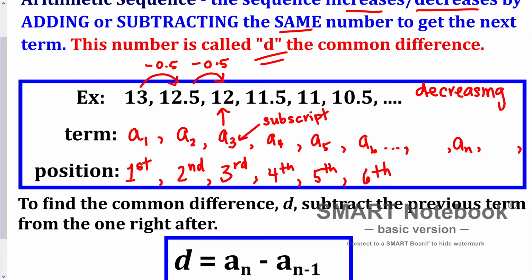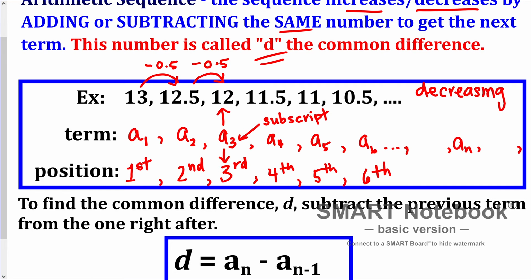So here the A3 term is 12, okay? What it does correlate to is the position, right? It's telling you it's in the 3rd position, okay? And as I move, I see that if I go forward, the subscript goes up by 1. If I go backwards, the subscript is going down by 1.